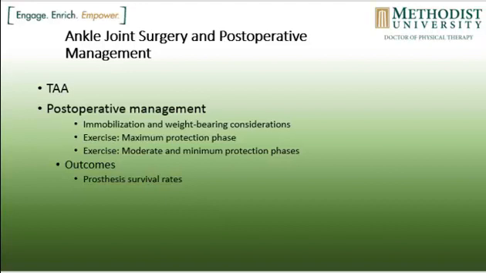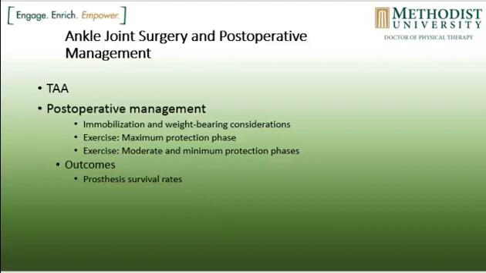All right, what are the outcomes for total ankle replacements? Well, they are not as good as some of the other joint replacements we have. Historically, about 90% of the total ankle replacements are surviving 5 years, about 75% are surviving 10 years.